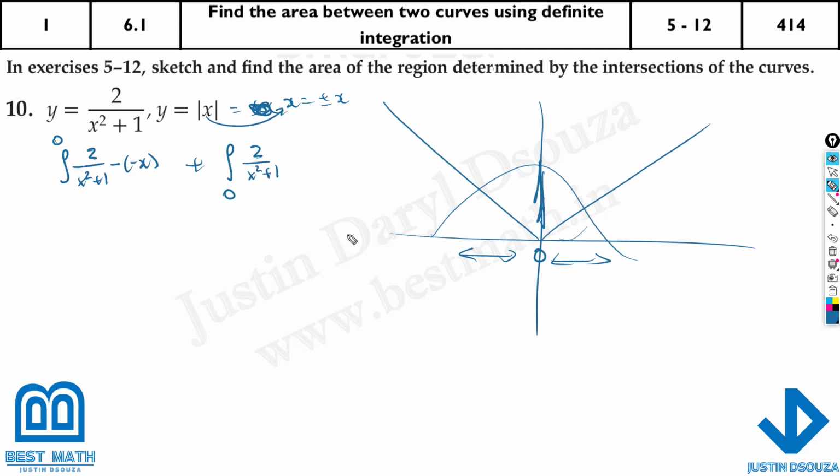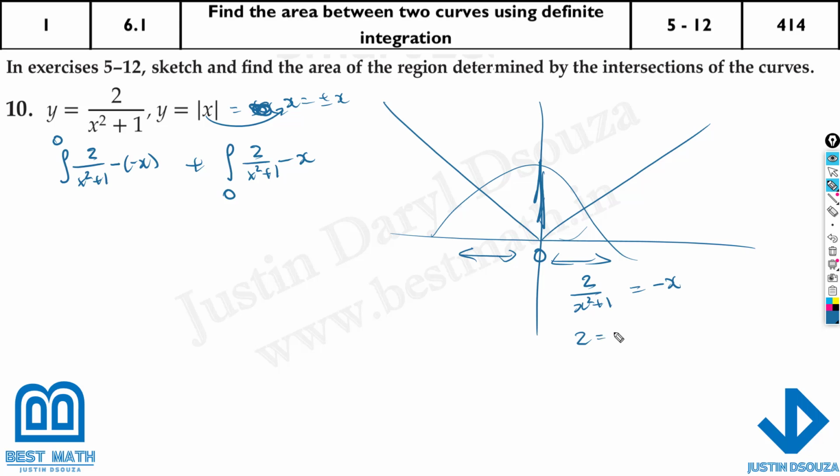First one, when you take the left side, the negative limit, you have to take minus, and then over here it'll be minus x. So basically this becomes plus. But I don't know what the limits are. So how do I solve them? You need to solve them 2 times, but I'll show you now. It'll be 2 by x squared plus 1, that is equal to, first time let me take minus x, consider its left side.